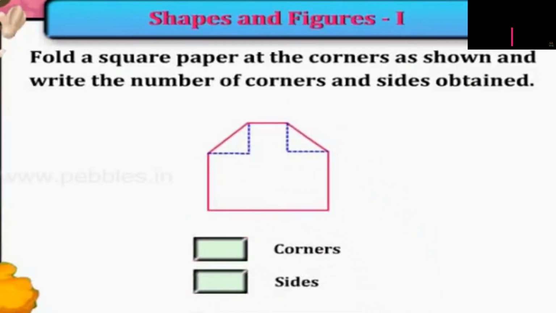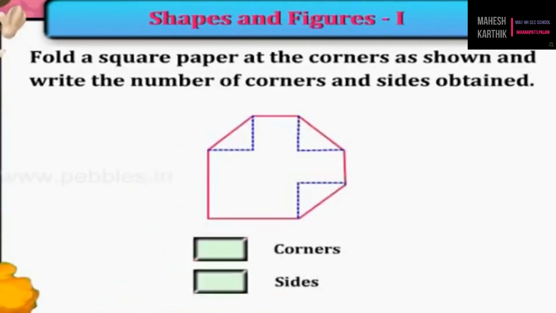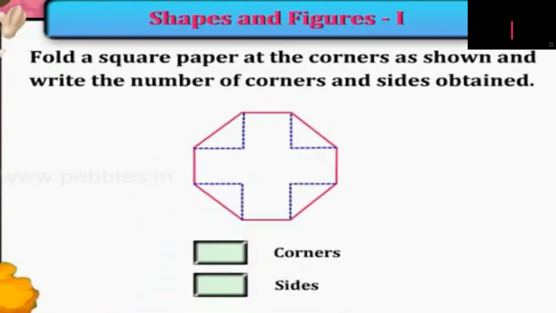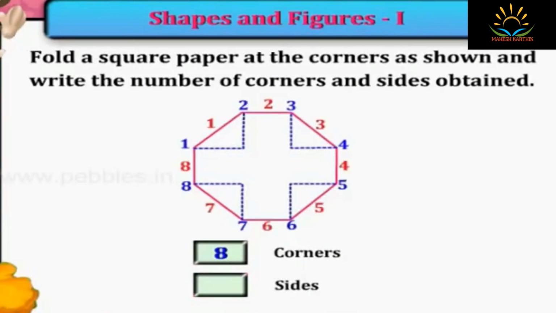In this figure, there are 6 corners and 6 sides. In this figure, there are 7 corners and 7 sides. In this figure, there are 8 corners and 8 sides.